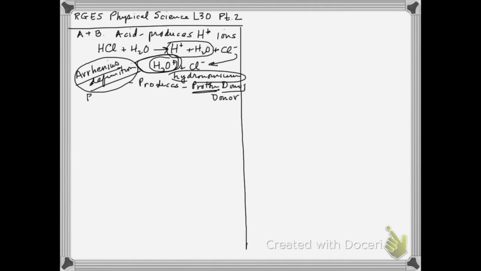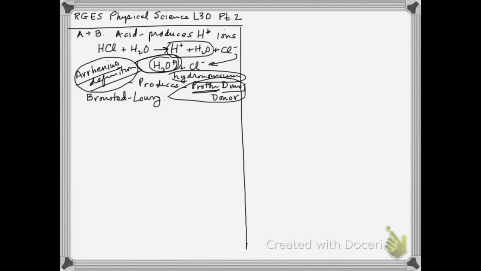But there's another two scientists, Bronsted-Lowry, and their definition of the acid is that it is a proton donor. Okay, so you have two definitions there. You can understand how they're connected.